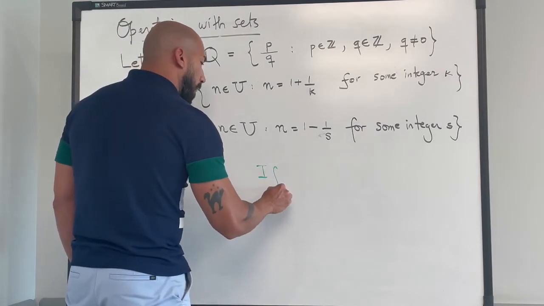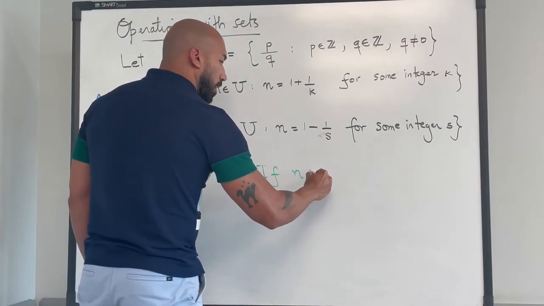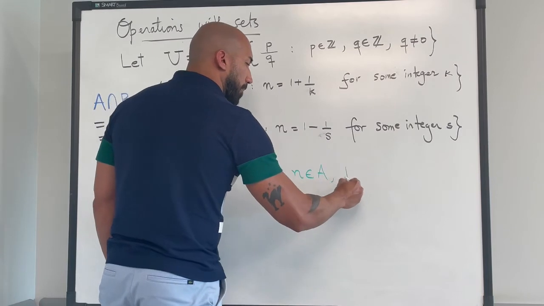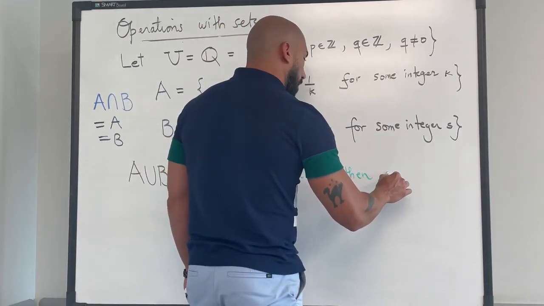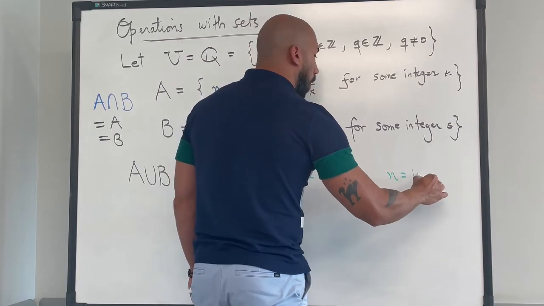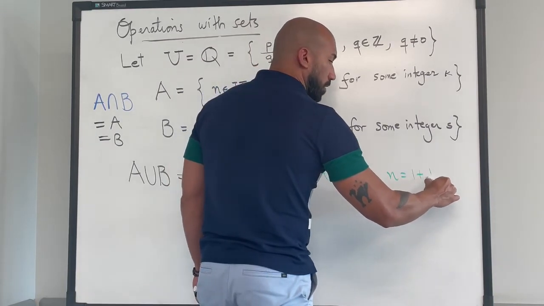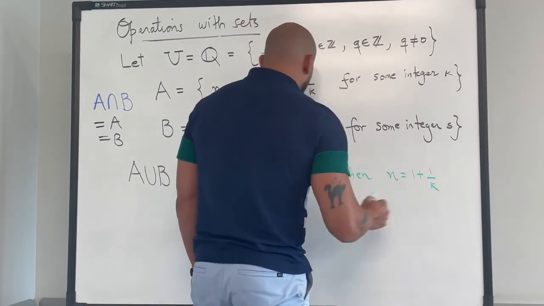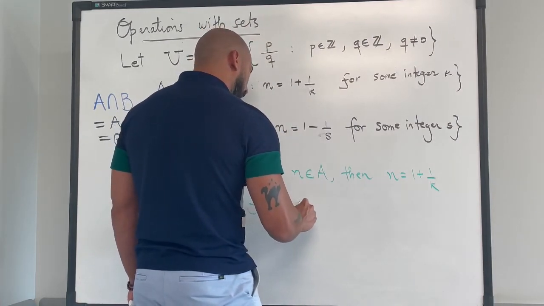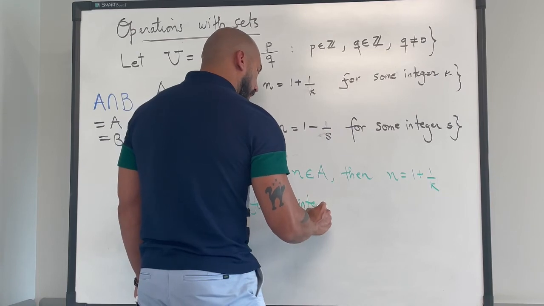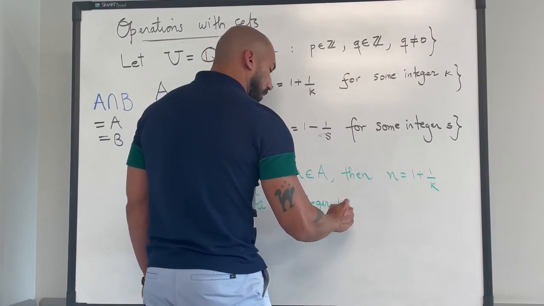If n is in A, then n is equal to 1 plus 1 over k for some integer k.